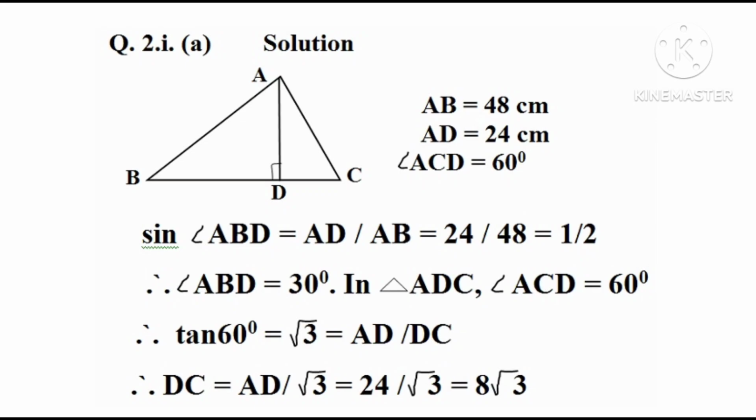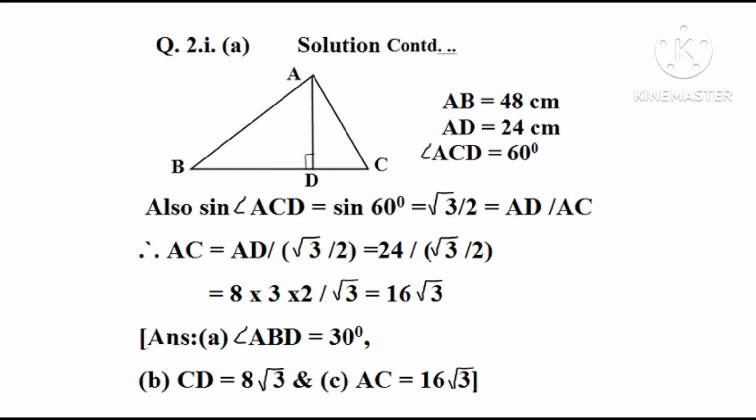Now, in right-angled triangle ADC, angle C is equal to 60 degrees is given. Hence tan C is equal to square root of 3. But tan C is equal to AD upon DC. Hence DC is equal to AD upon square root of 3. But AD is equal to 24. Therefore, DC is equal to 24 upon square root 3, equal to 8 square root 3.